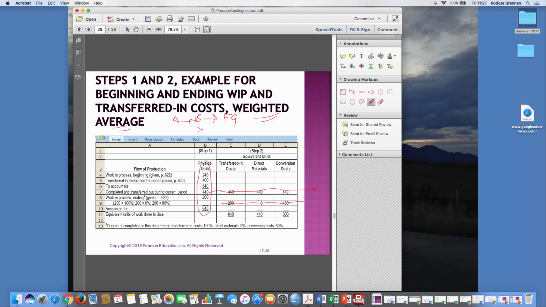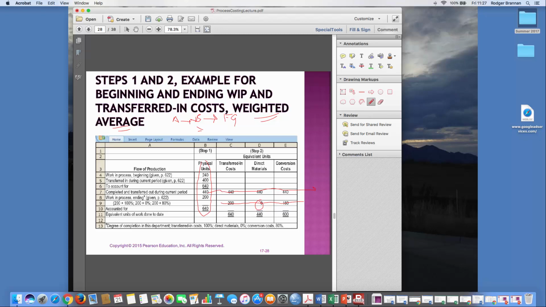But where it gets a little tricky is this one right here. And basically it says, I don't add the materials until the end of the process when it's really done. So if anything is in an ending inventory, by definition, it's not done. But in this case, I got 200 units sitting there. They're 80% done. So my conversion, or I would take the 200 times 0.8, or I'd have 160 equivalent units.